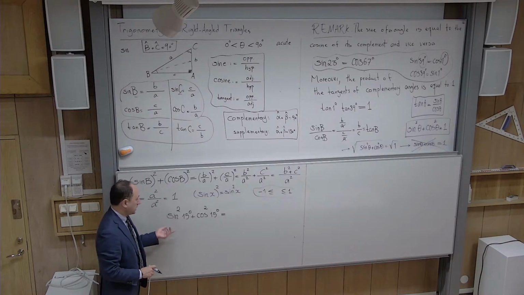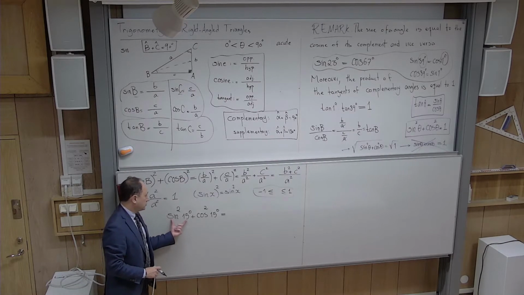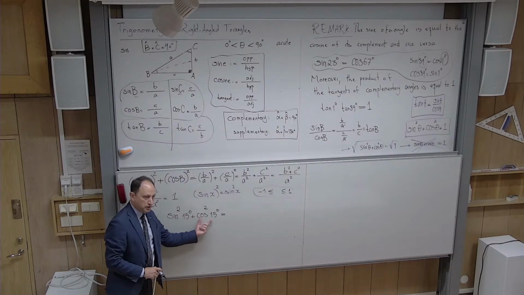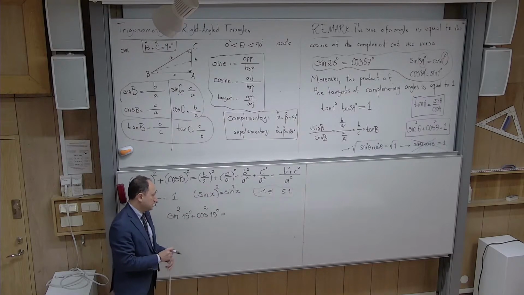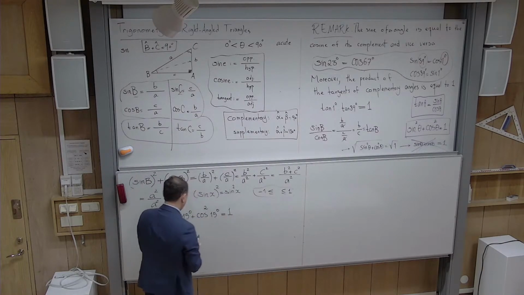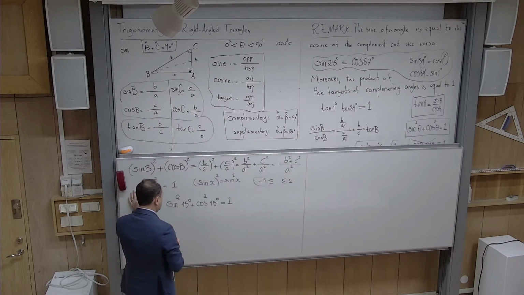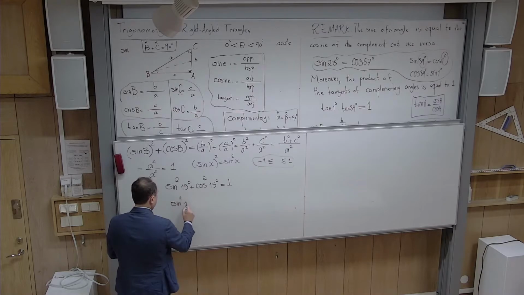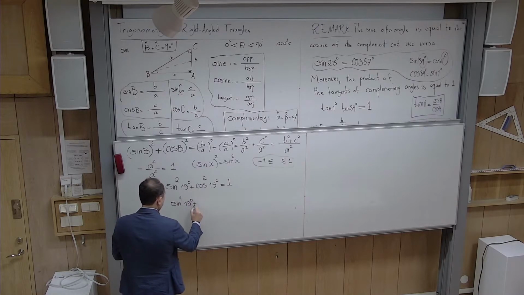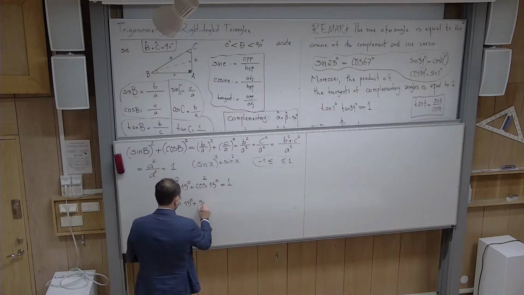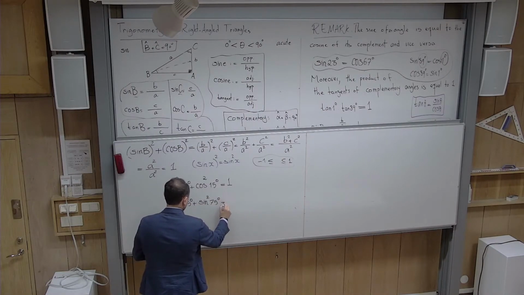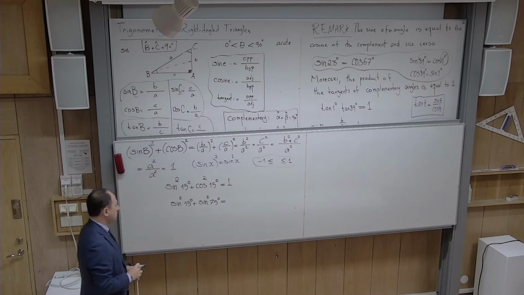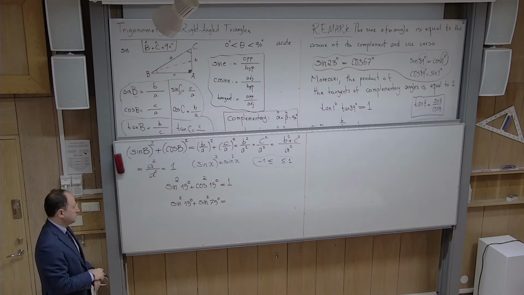No, I don't have a calculator with me. So I don't know this part, I don't know this part. But what I'm sure about is the sum is exactly equal to 1. But now can you tell me, can I say something about this? Can I say something exactly about this?